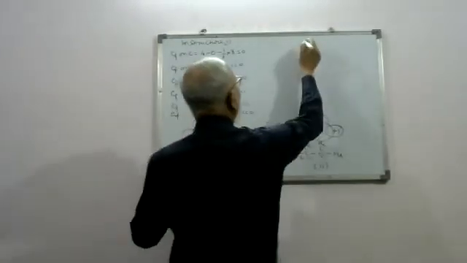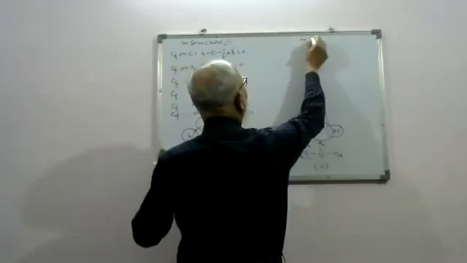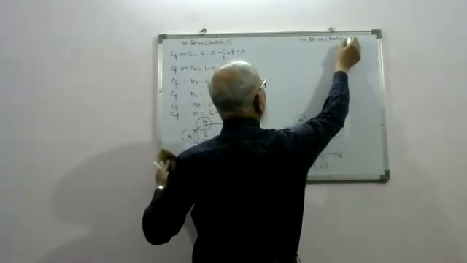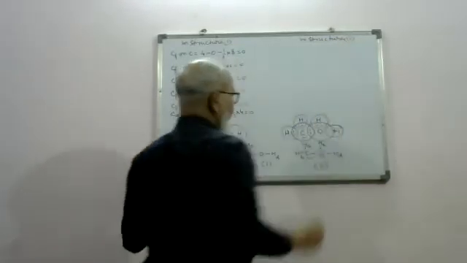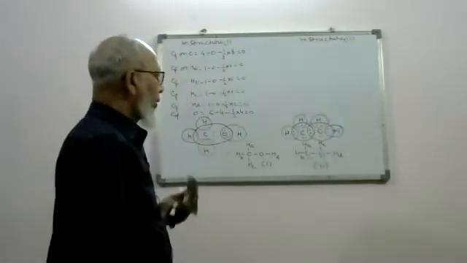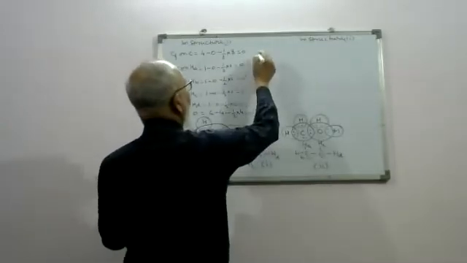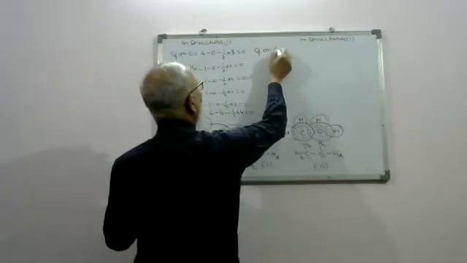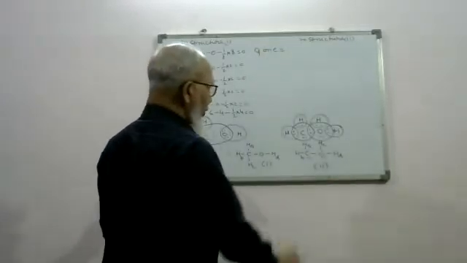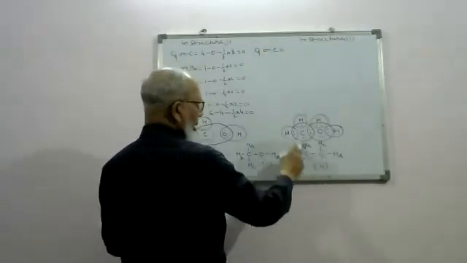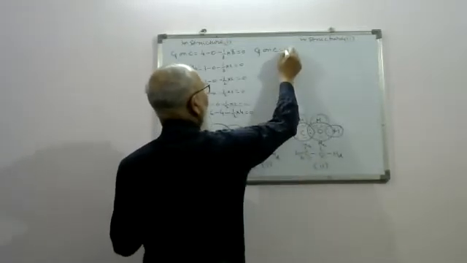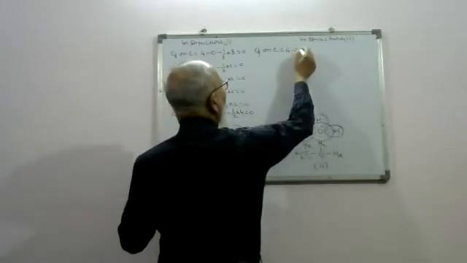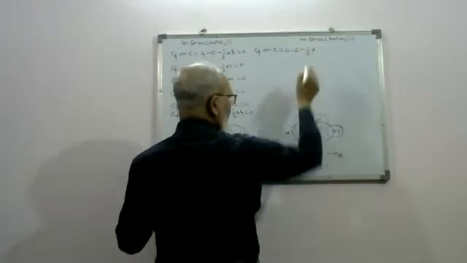In structure second, formal charge on carbon. This is your carbon: valence electron 4 minus unshared electrons 2 minus 1 by 2 into shared electrons.